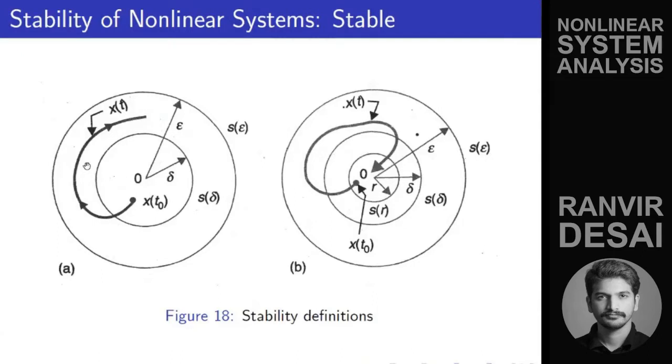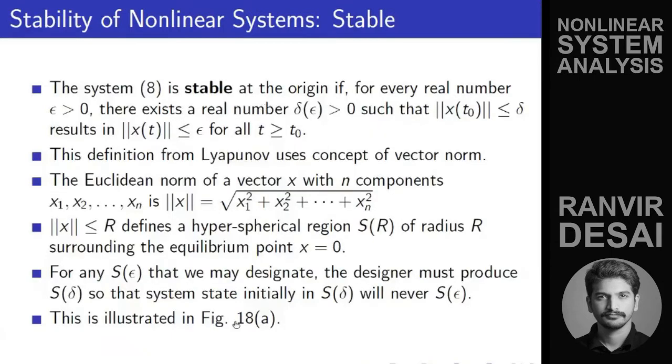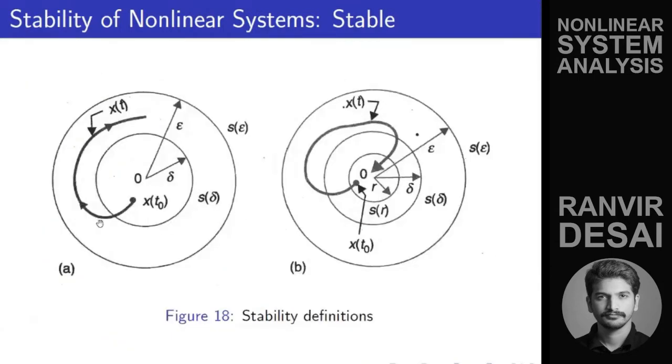But the problem for the designer is that epsilon is given, that you wish the system to stay inside this circle of epsilon. That is desired. So you need to dictate what the initial condition should be, so you need to find this circle of delta. That is the designer's problem, to find such initial conditions for which the system is stable. This is figure 18a.